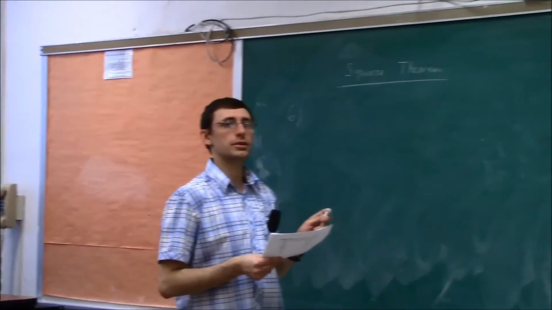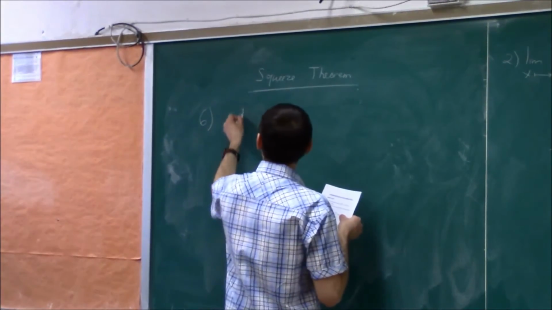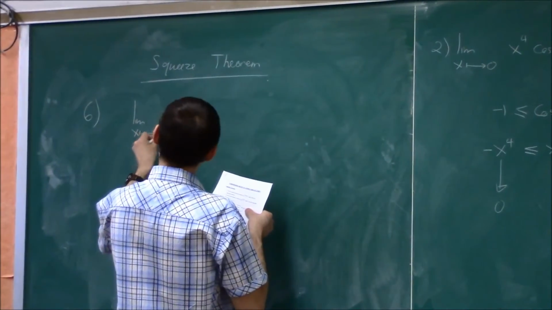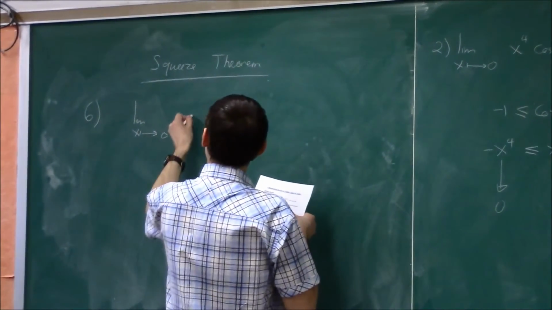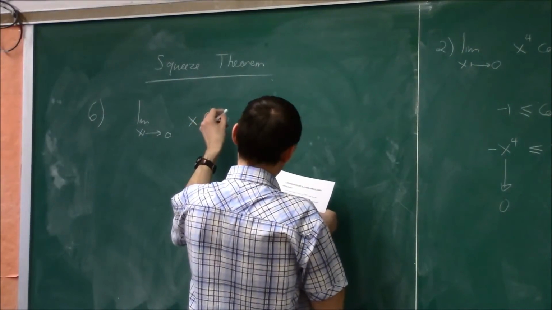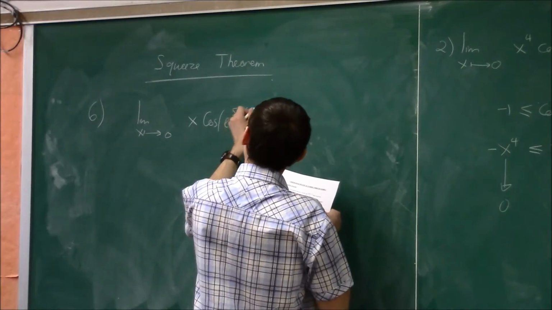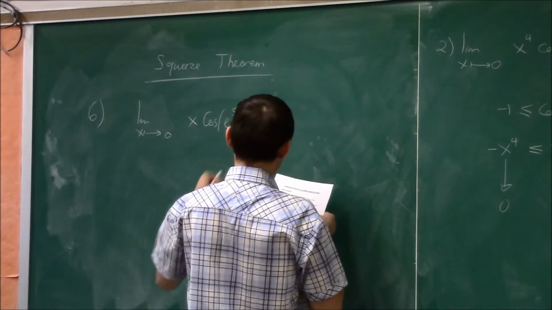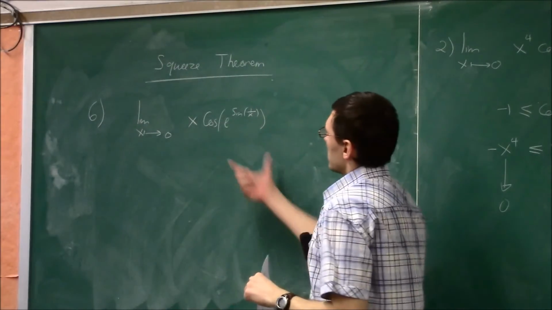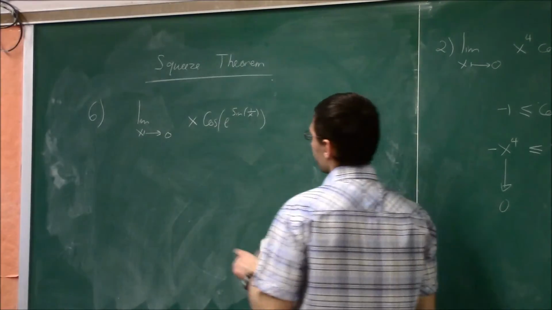One final question for the squeeze theorem. So try to calculate the limit as x goes to 0 of x times cosine of e to the sine of 1 over x. Now again, in this place we just have very few functions to play with. That's why the examples are so simple.